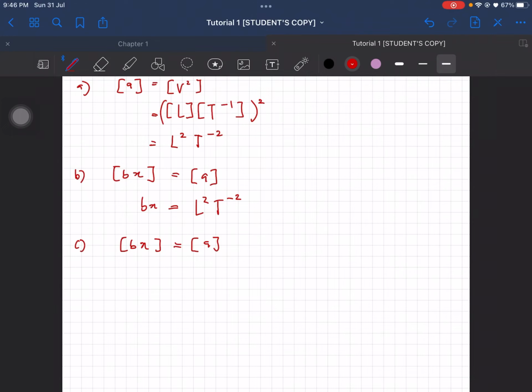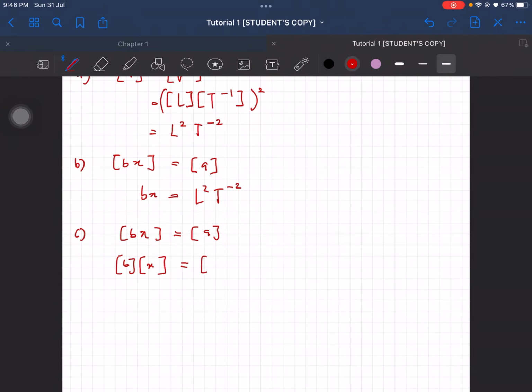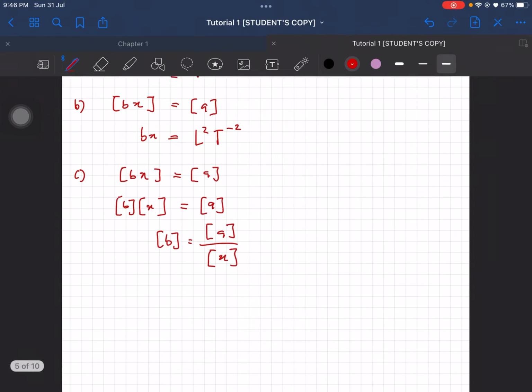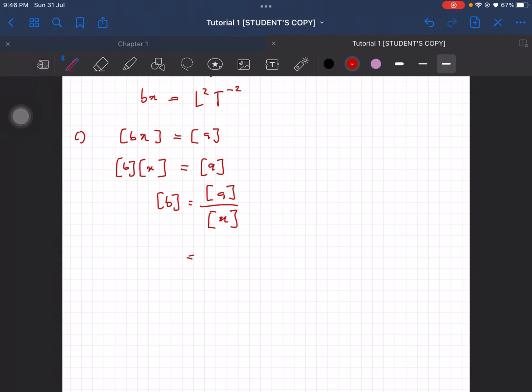So this one, we can separate this b and then x, where x is displacement, okay? So that one, we arrange this over x. Okay, so remember acceleration is L square t, sorry, oh my god, that's not acceleration.